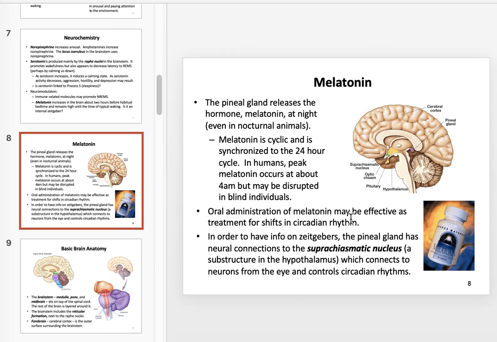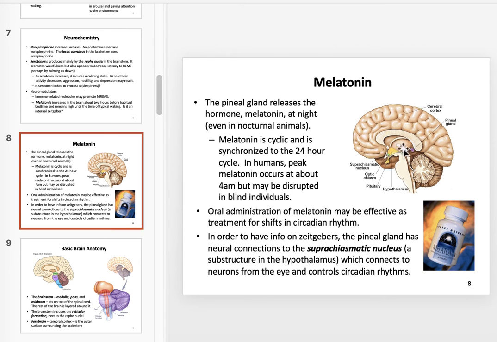Now, you may have heard that melatonin could be effective in helping alleviate some effects of jet lag or shift work. The jury's still a little out on what synthetic melatonin could actually do to help. But importantly, the other aspect of what's happening in the middle of your brain right here is the optic chiasm. The optic chiasm is where information from your eye moves to the back of your head, because it's actually the back of your head where you're going to process a lot of your vision.